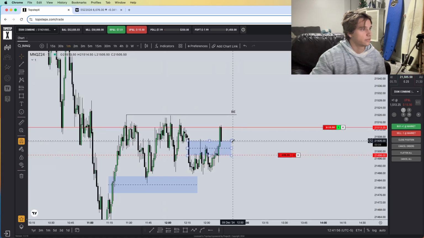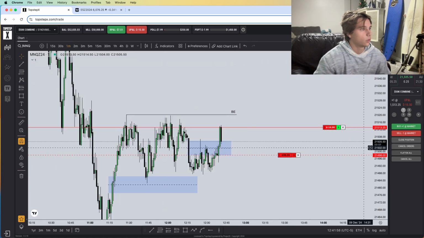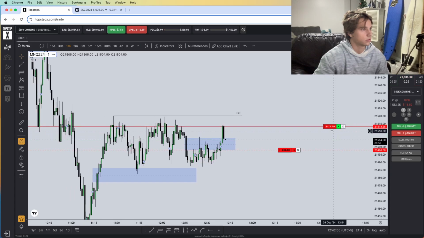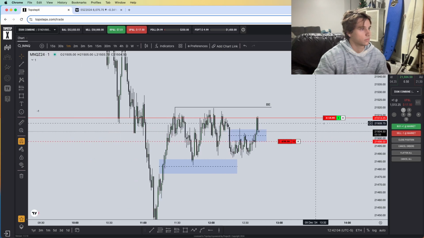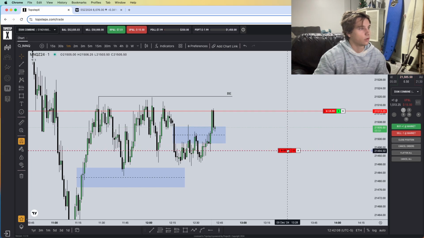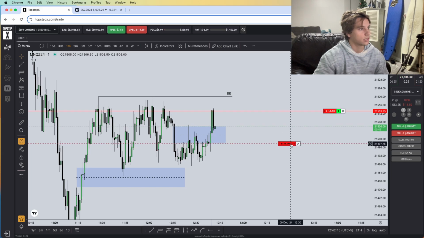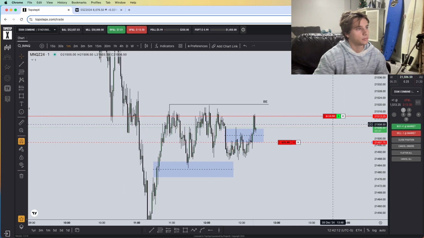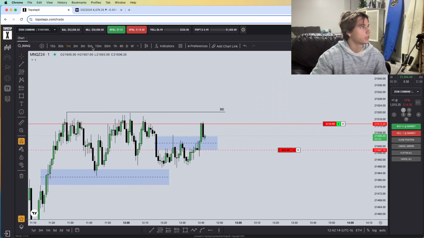I do wish I just waited for the retest, but oh well. Not gonna move my stop, even though I should put it on this low, but I definitely don't want to be risking 40 bucks out here on this bad entry or trade.